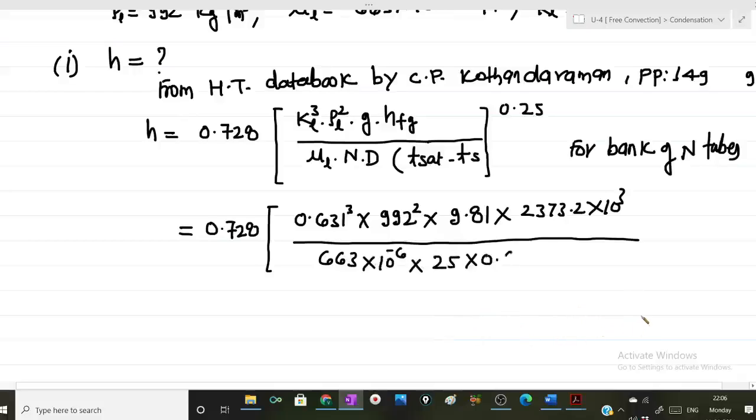D is the diameter 0.006 meter. T sat is 54 and Ts is 25, and entire power 0.25.